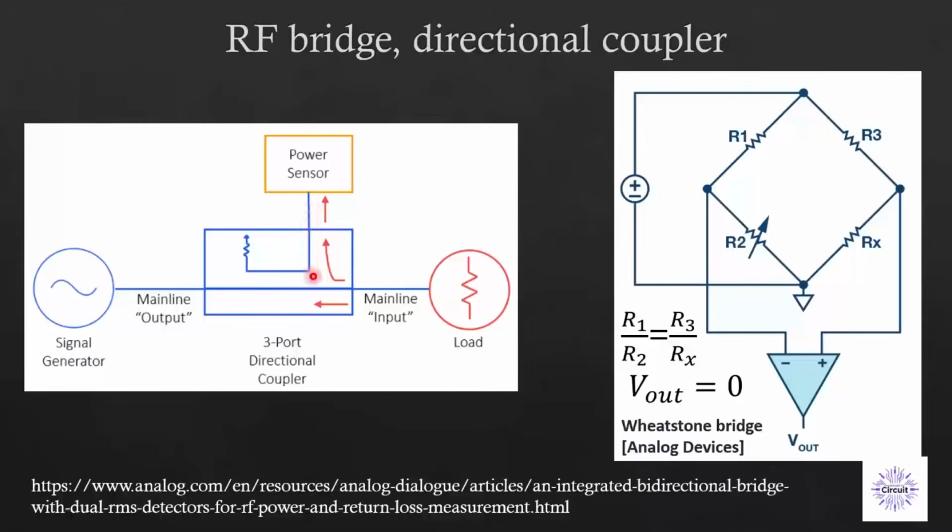But due to some mechanism, for instance, making another transmission line very close to this transmission line so they can couple through each other, we can make a device so a very small fraction of the input wave goes back to the other port, which we call the coupled port. That way we can measure the reflected wave.